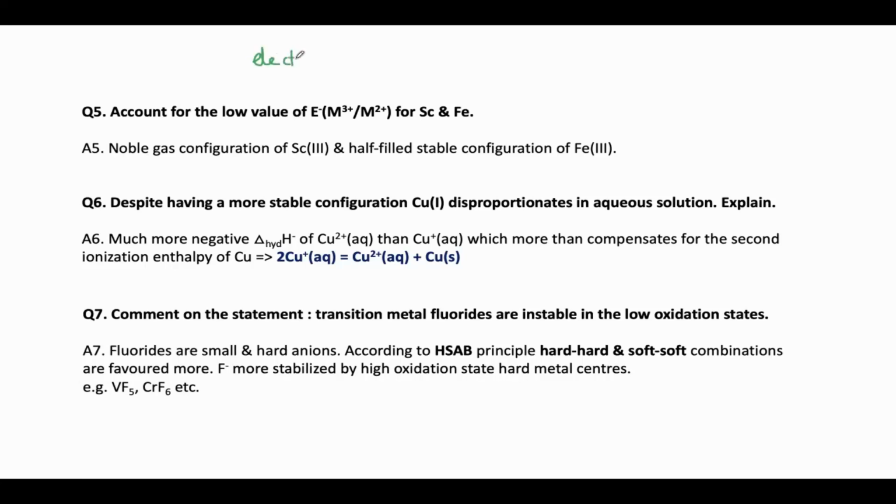So here the E0 value is demanded as E0 of M3+/M2+. The questions are pointing towards two metals. First one is scandium, which is the very first 3D metal from the left hand side, and the middle one, that is Fe. So the M3+/M2+ E0 values are required here. First one is scandium 3+.